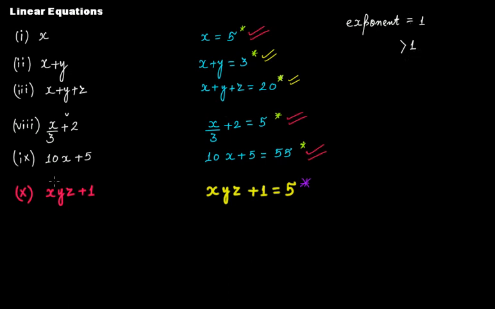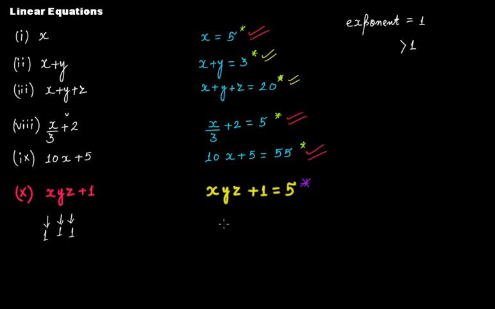You will say that yes, x has the exponent 1, y has the exponent 1, z has also the exponent 1. So yes, this is a linear equation, and that is the problem. Of course, this is not a linear equation in one variable because here we have three variables, but this is not a linear equation. And why?